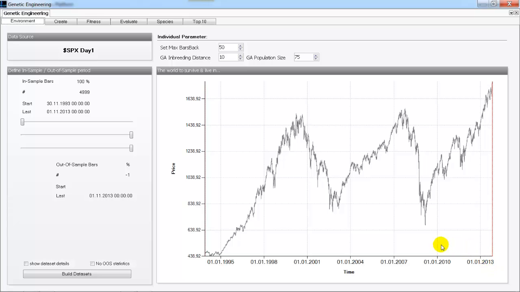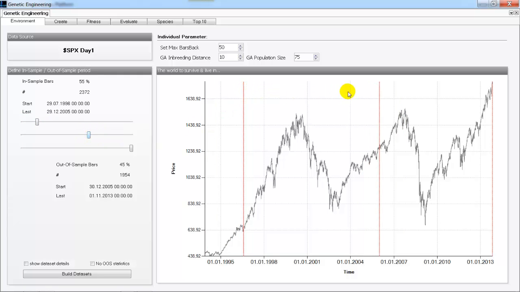First of all, we must define the in-sample and out-of-sample period for the world to survive in. You can select any range you want. First, it makes sense to define your in-sample period, and with these two points you can define it.